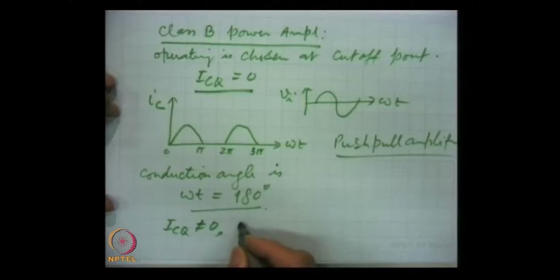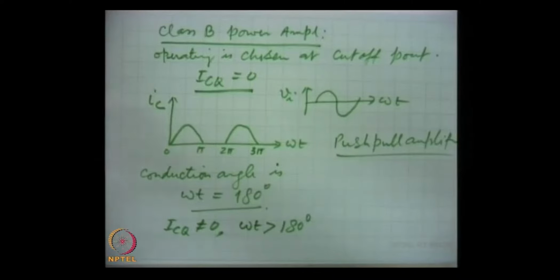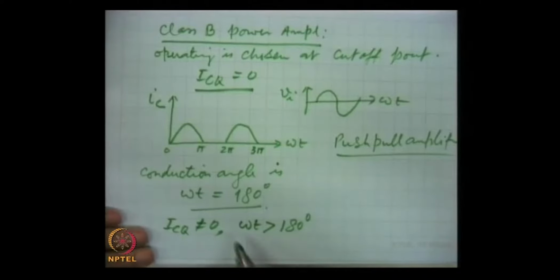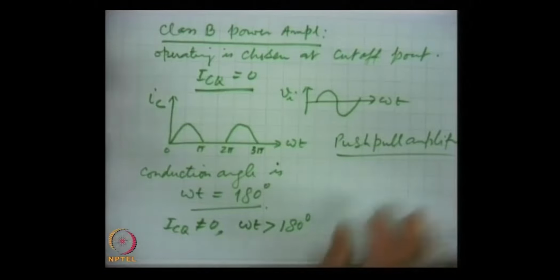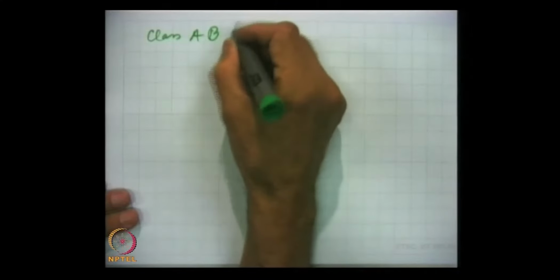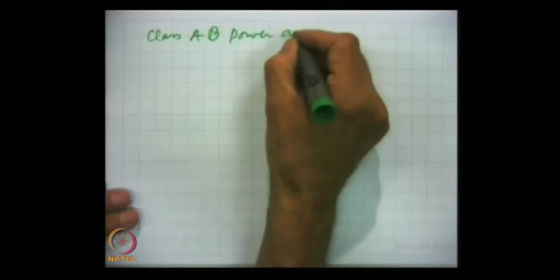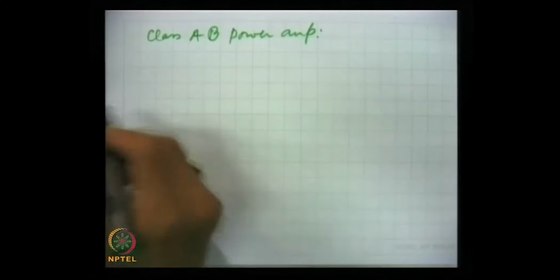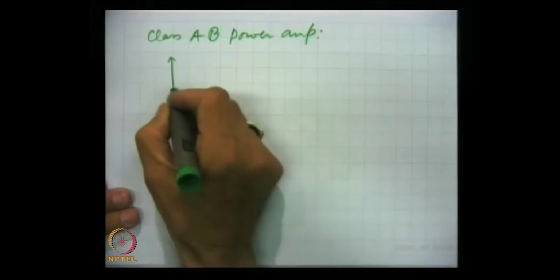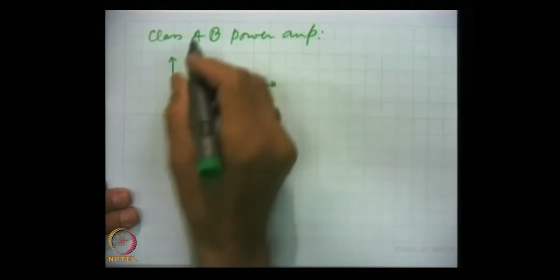The conduction angle is slightly above 180 degrees, still slightly higher, that means around 220 degrees, and then the operation is called class AB power amplifier, and this can be shown like this.